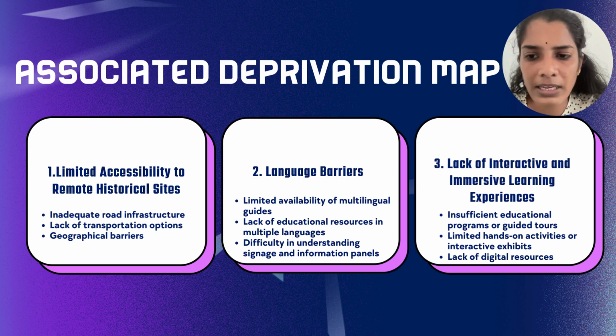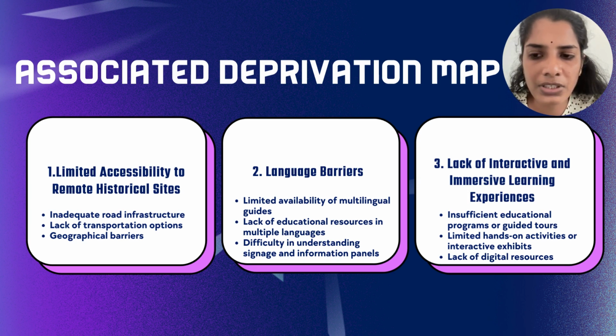This forms a barrier to experiencing the country's rich culture, heritage, and historical significance fully. Improvement in transportation infrastructure, including road development and increased accessibility options, is essential to ensure that these valuable historical sites are accessible to all visitors, regardless of their location or mode of transportation.